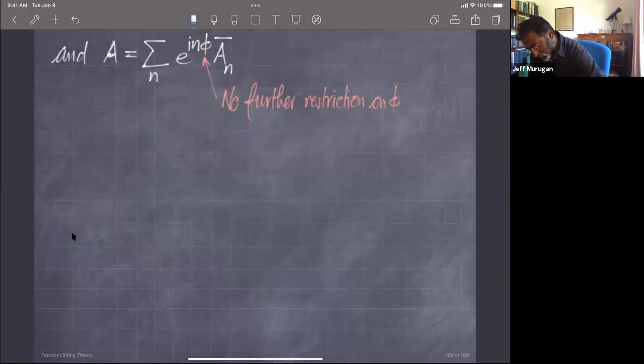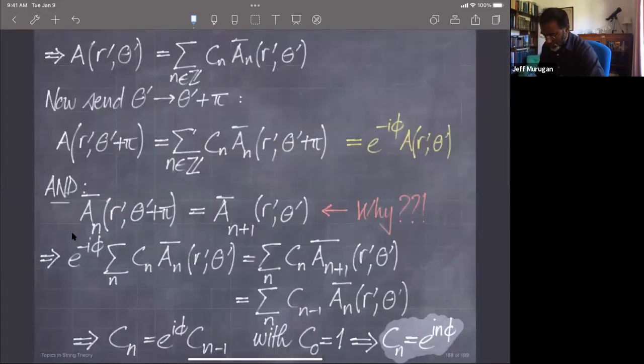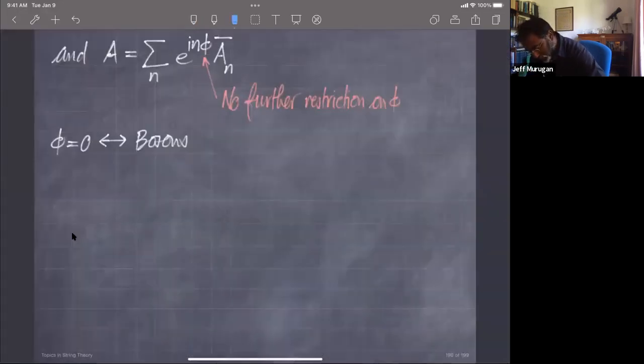So phi equals 0 will correspond to bosons. Phi equals pi will correspond to fermions. As usual.